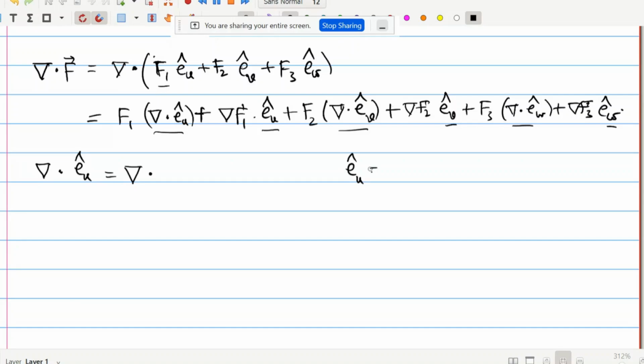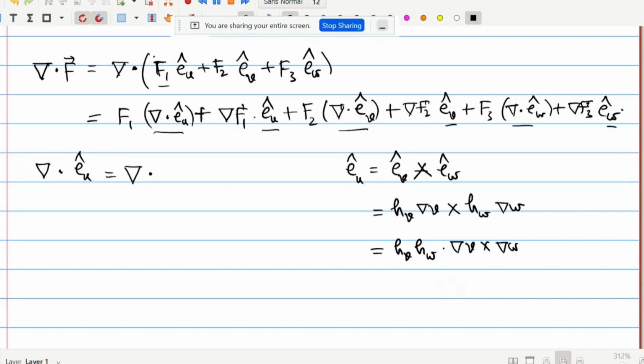So eu cap actually equals ev cap cross product with ew cap, of course with orientation. We know that is hv gradient of v cross product with hw gradient of w. So what you have is hv hw into gradient of v cross gradient of w. Okay, so you put it here.